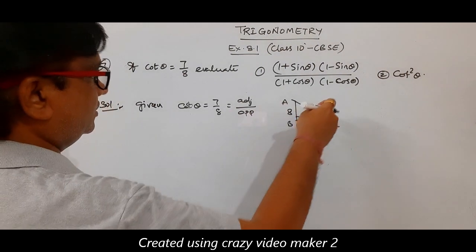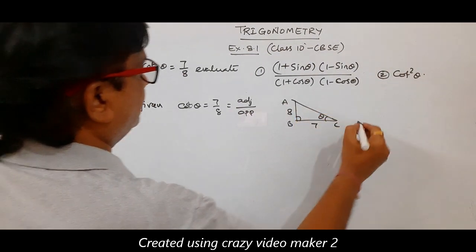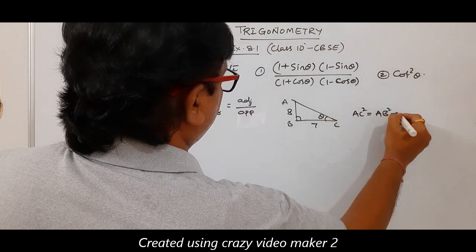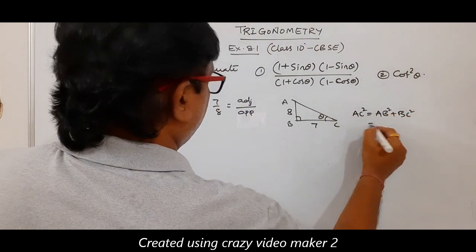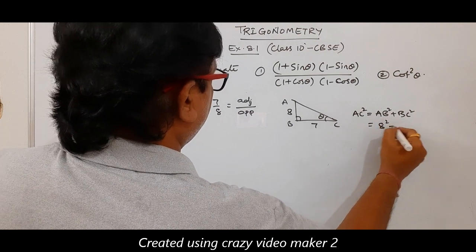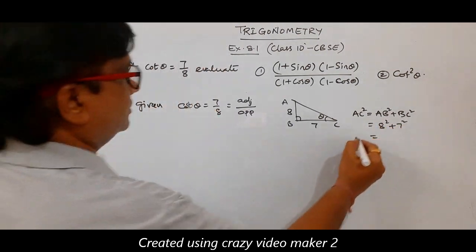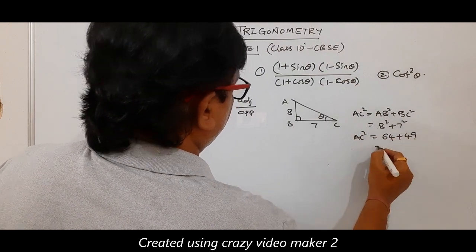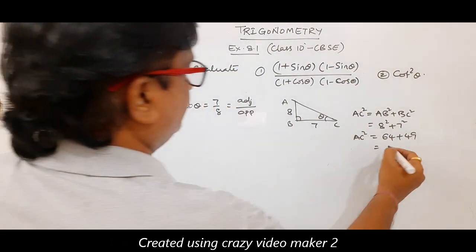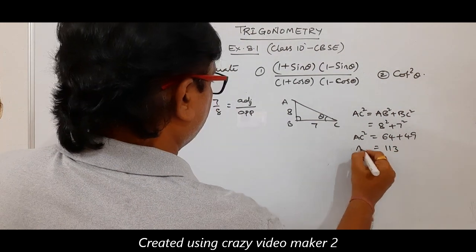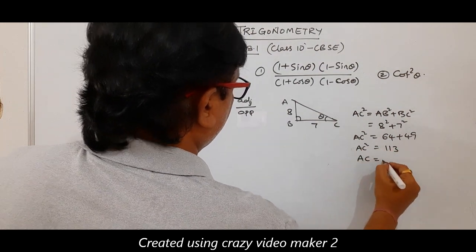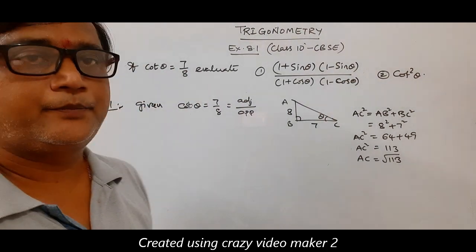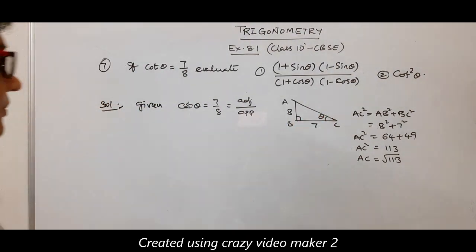We are going to find AC square. AC square equals AB square plus BC square, so 8 square plus 7 square, that is 64 plus 49, which is 113. AC equals root 113.